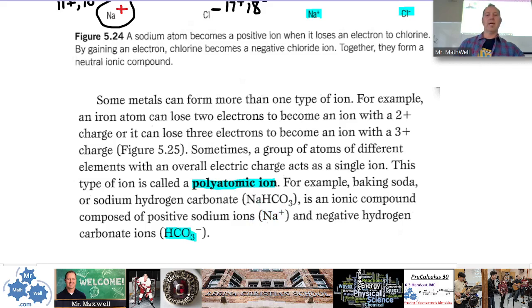So a polyatomic ion would be made of more than one kind of atom. Groups of atoms can act as a single ion. There you go, a polyatomic ion. Groups of atoms acting as a single ion, like this right here. So you want to put that in your notes there.